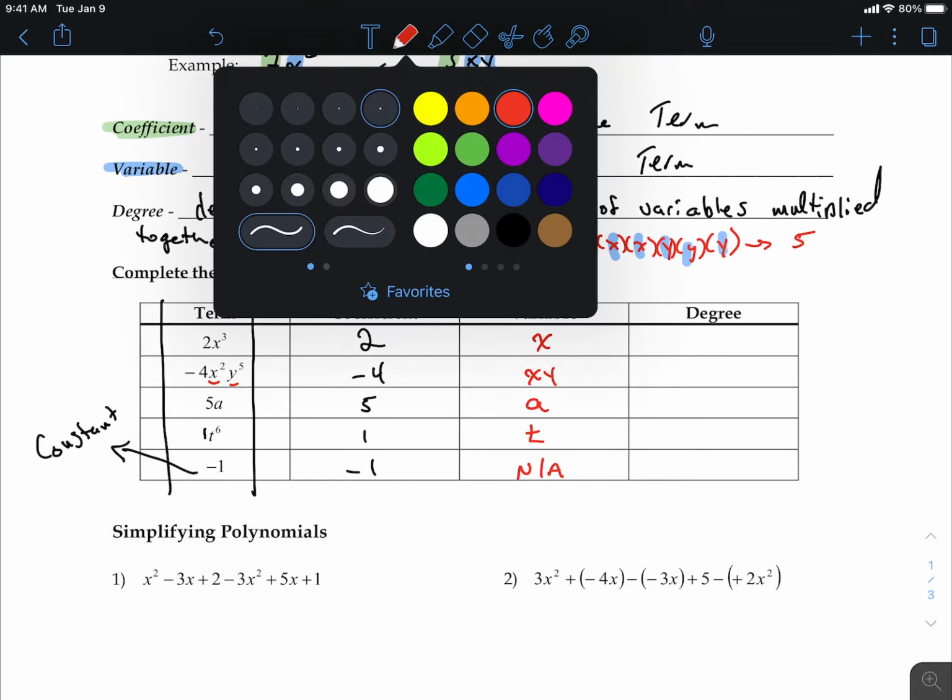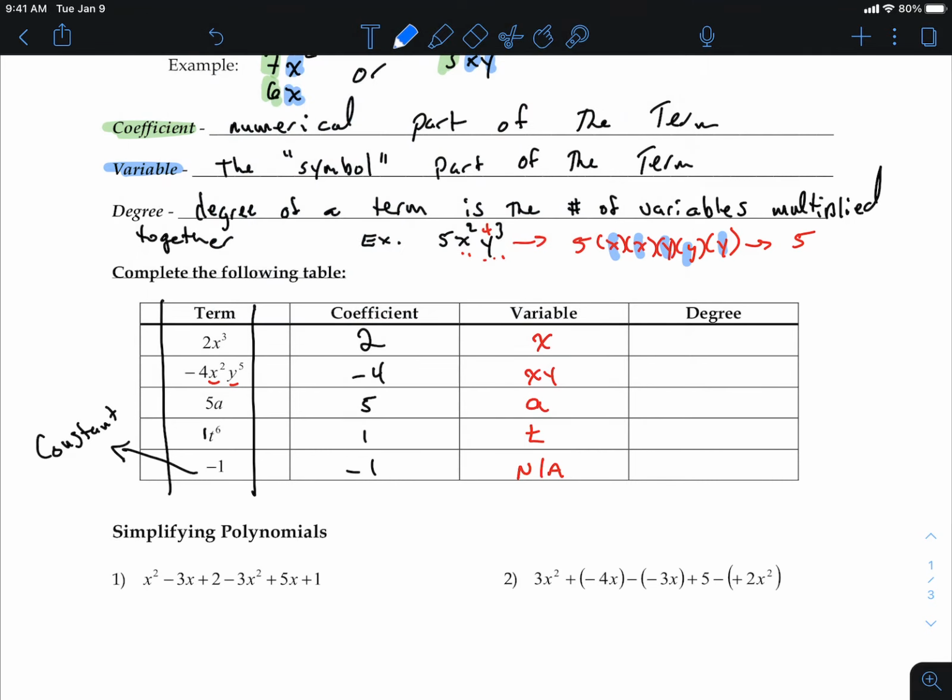What's the degree in this one? In the first one? How many variables are there? Number-wise? 3. Okay? How many variables in the second one? 7. Okay, and then 1 in that one.